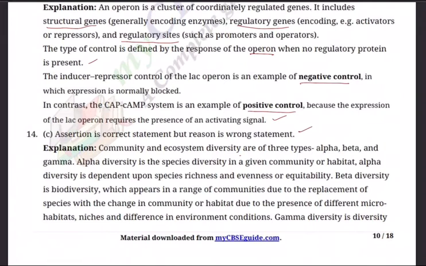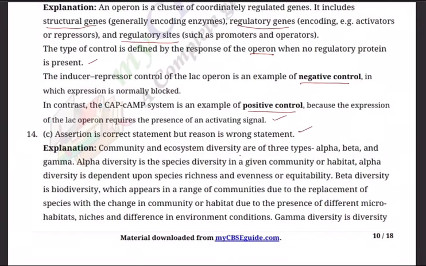Explanation. Community and ecosystem diversity are of three types: alpha, beta, and gamma. Alpha diversity is the species diversity in a given community or habitat. Alpha diversity is dependent upon species richness and evenness or equitability.